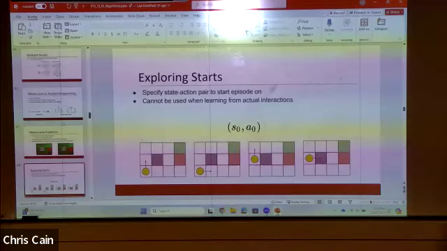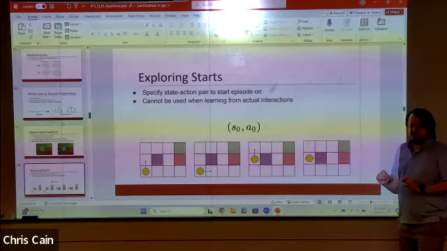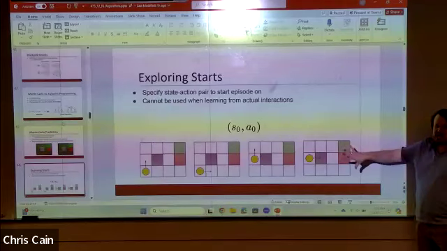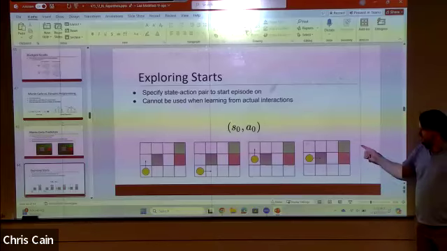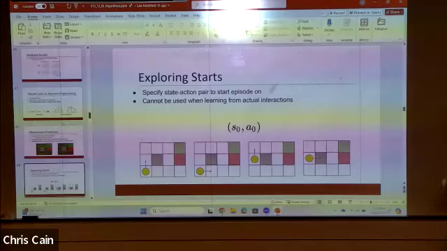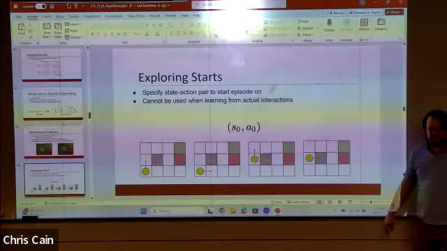And this just says when you start an episode, start at a random state oriented in a random direction. And if you start randomly, then you will be picking every state action pair at some point, because there will always be an exploring start sometime in the future that puts you there as the first action that you've done. So you will get an infinite amount of experience for every state action pair, given that you run this an infinite number of times.